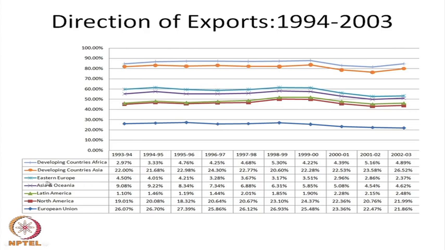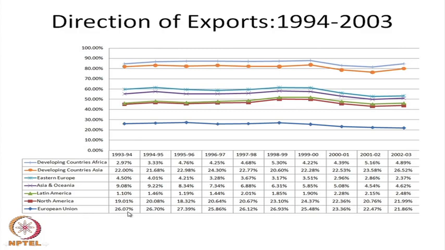In Eastern Europe, the share has reduced, because Russia is no longer the major part of our Eastern Europe trade. Its importance as a trade partner has been declining over the years. However, with North America, where USA, Canada, Mexico are part of that, our trade has increased significantly.